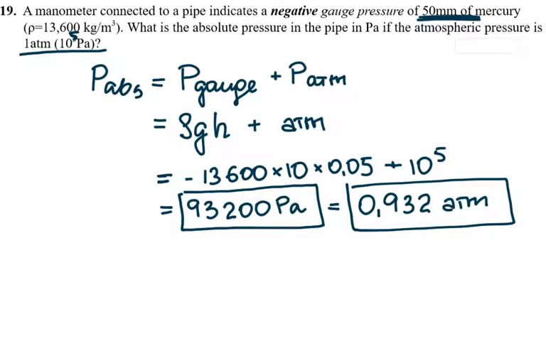So if the pressure in the atmosphere is 10 to the 5th Pascal, then the pressure inside of the container is lower, and it's 0.932 of the atmospheric pressure, and the pressure gauge is going to move down by 50 millimeters to indicate that the pressure inside of the gas is lower.